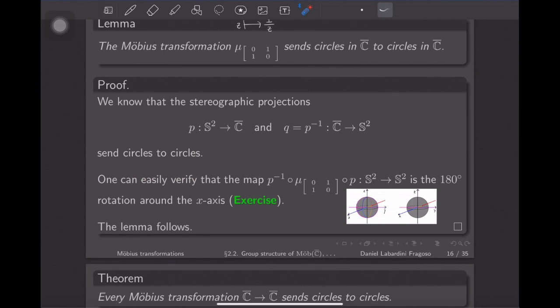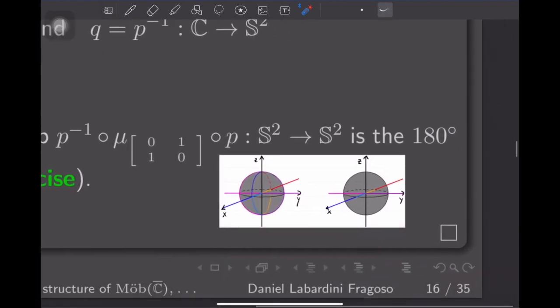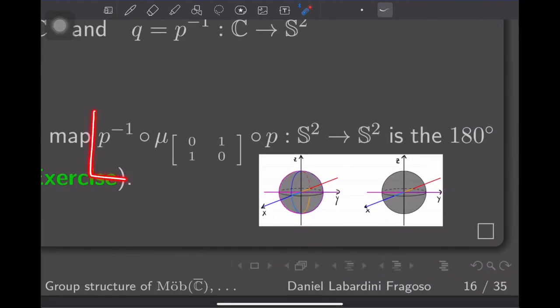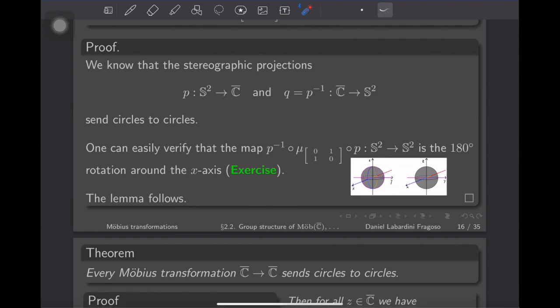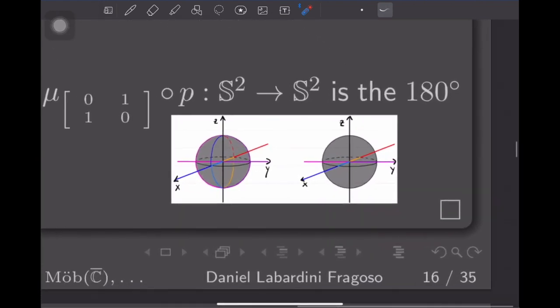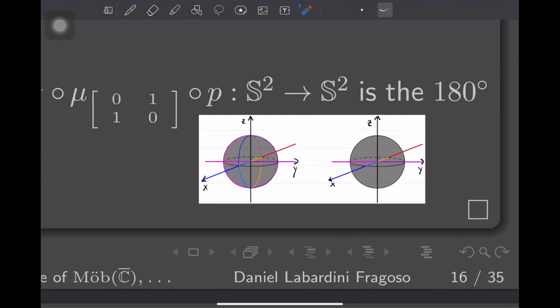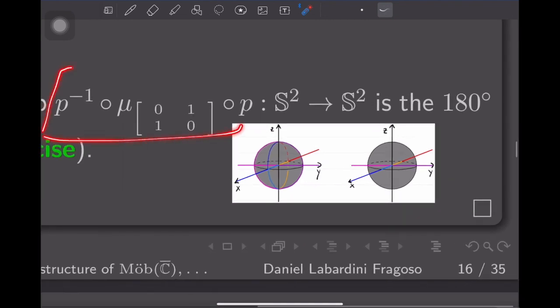So a proof will follow if we are able to show that this one is some rotation around some axis. Right now, let me wave the hands to convince you that this is the 180 degree rotation.